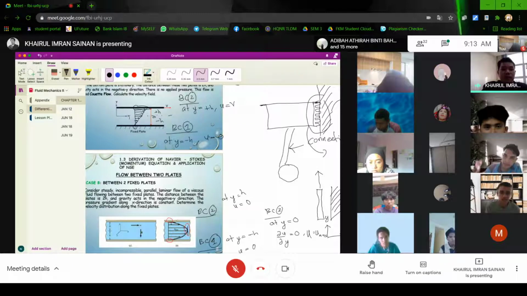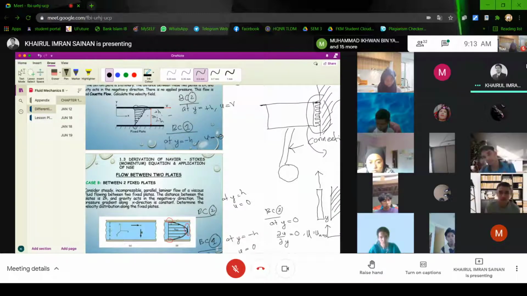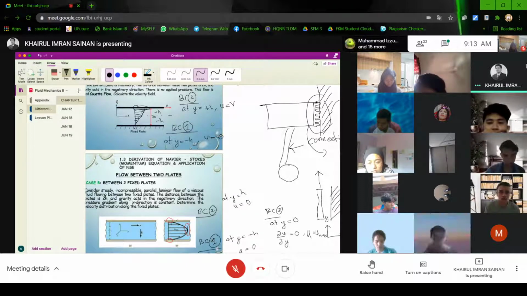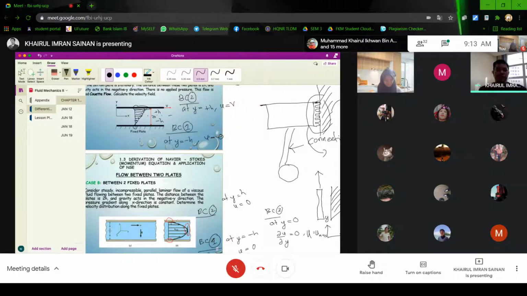Perhaps they change this one to Z and this one to X. So the velocity component will be different. The value would be W because the direction is Z, and dW changes with dx, right? So that completes the Navier-Stokes equation for Cartesian coordinates.